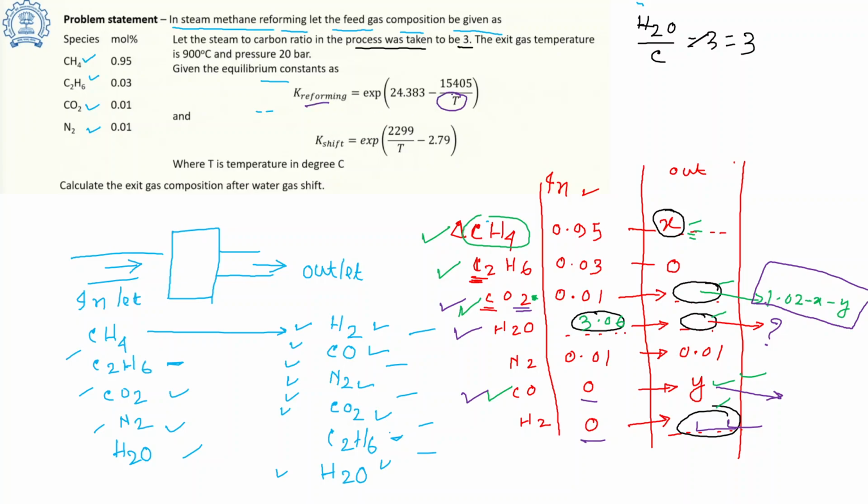There you know the temperature. Here the temperature is 900 degrees centigrade. Just convert it into Kelvin and you will solve this value. This value will come here. What is the value?